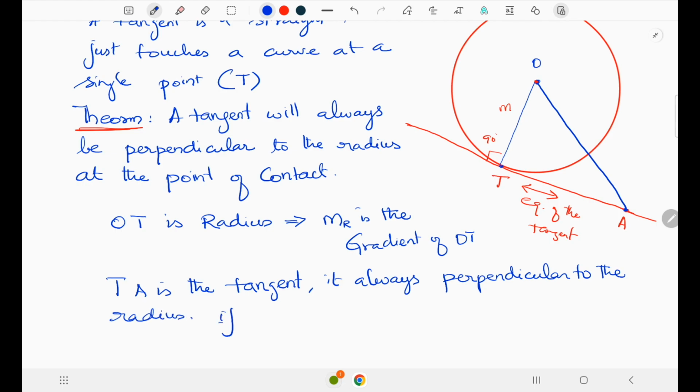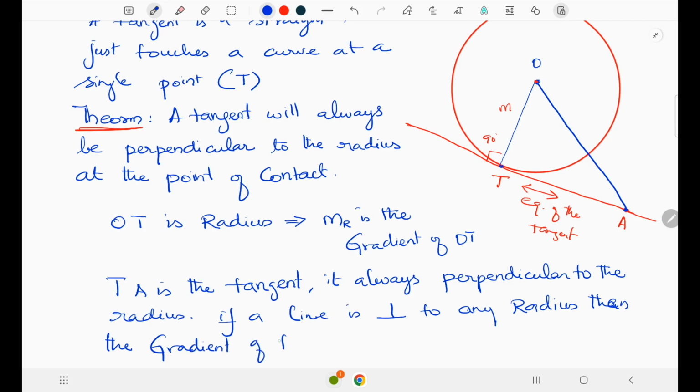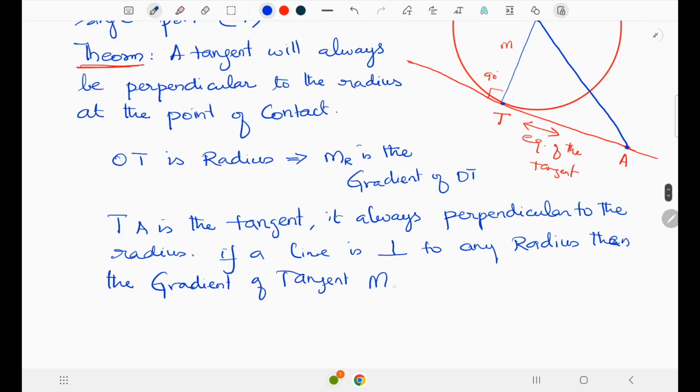So if a line is perpendicular to any radius, then we can say the gradient of the tangent, mt, will always satisfy the equation mt equals minus 1 by mr. Okay.